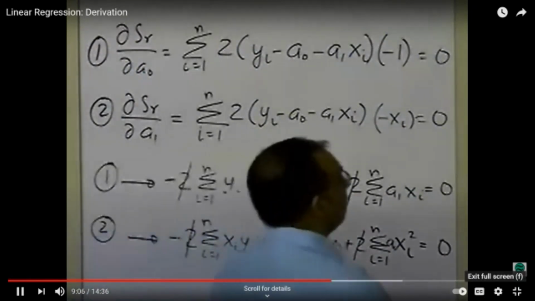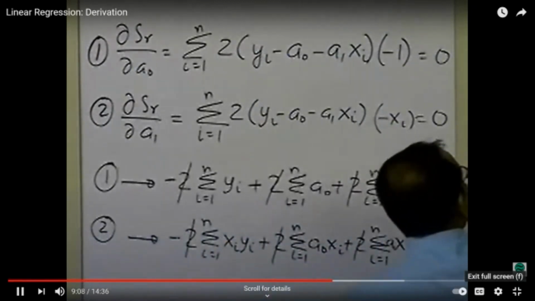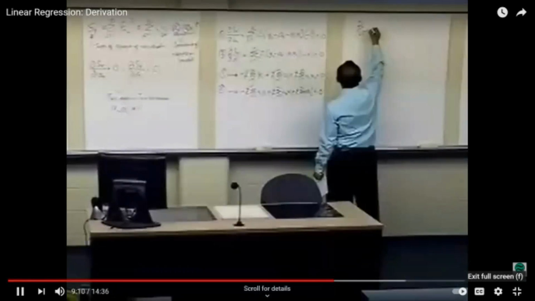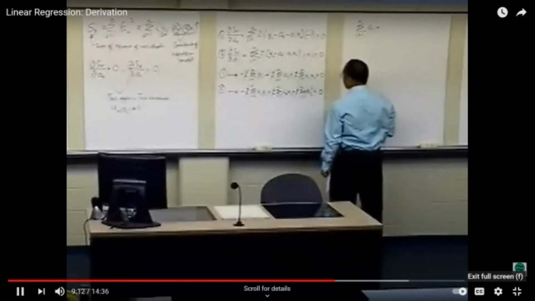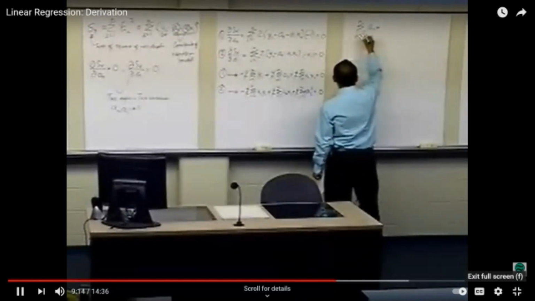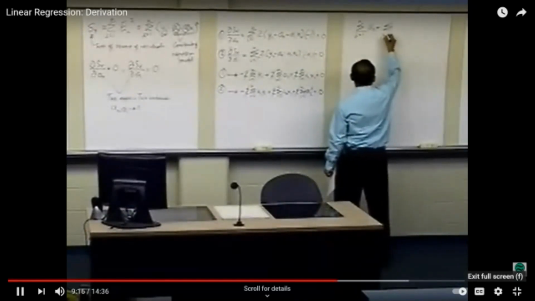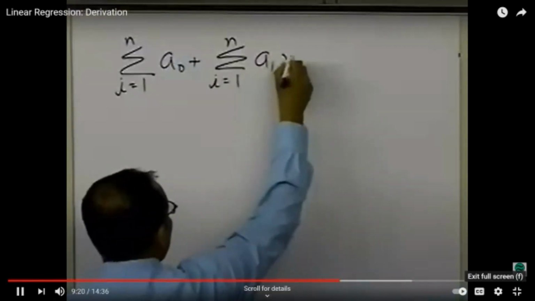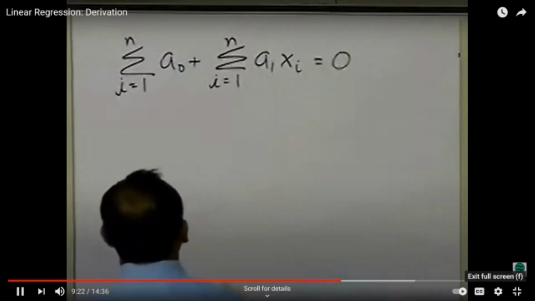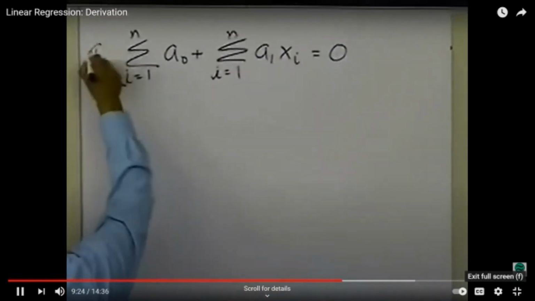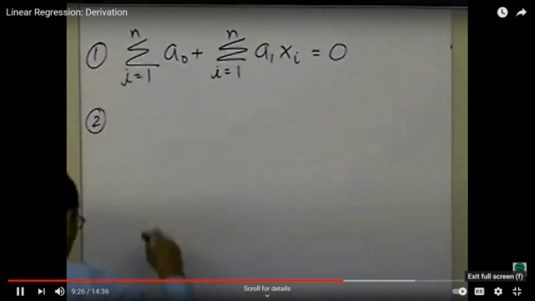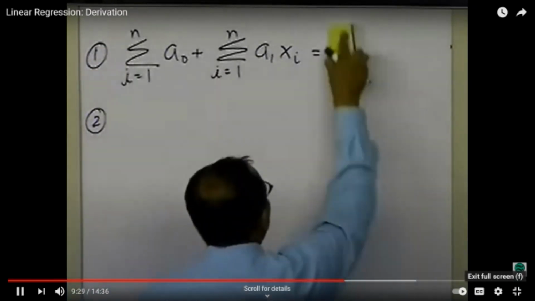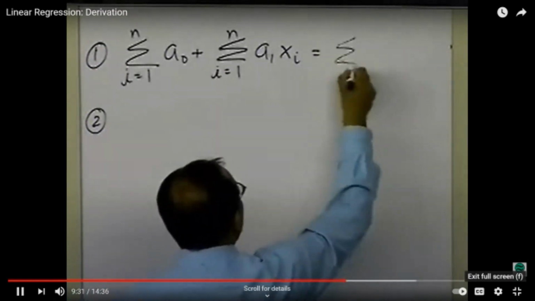So what I will get from there: the first equation will turn out to be summation i equals 1 to n a0, plus summation i equals 1 to n a1 x of i, equal to summation of y sub i.